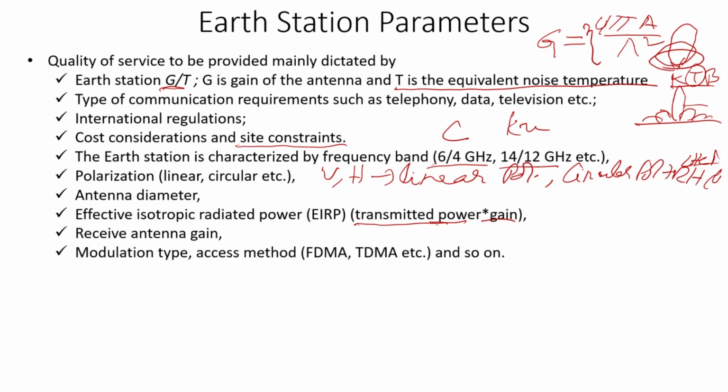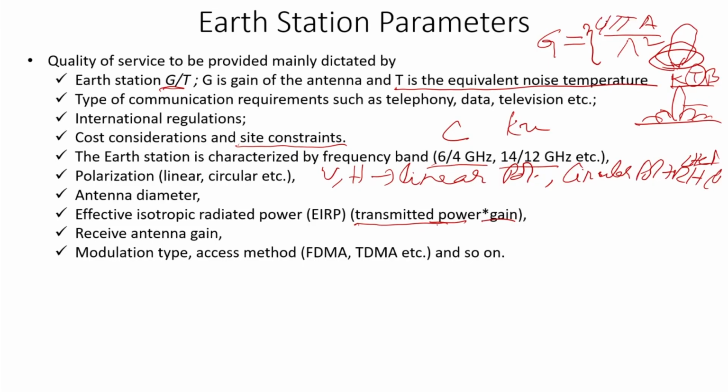Then, what are the modulation types you are using? Whenever we do wireless communication, we need to have modulation of the signal. There are different types of modulation, like analog modulation: amplitude modulation, frequency modulation, phase modulation. In digital communication, we have amplitude shift keying, frequency shift keying, phase shift keying, then quadrature amplitude modulation.